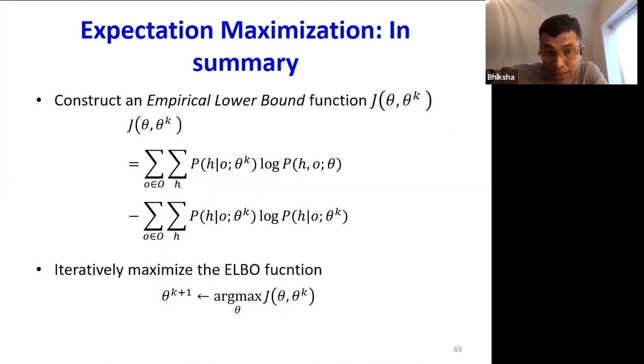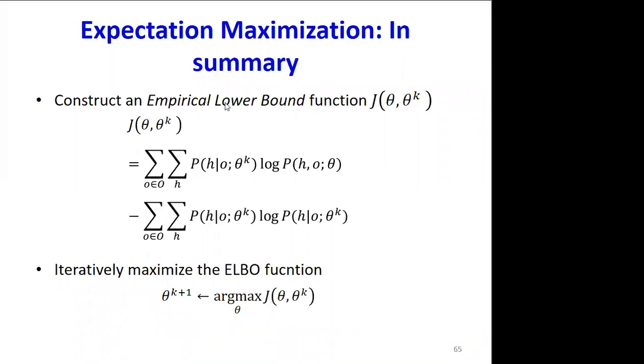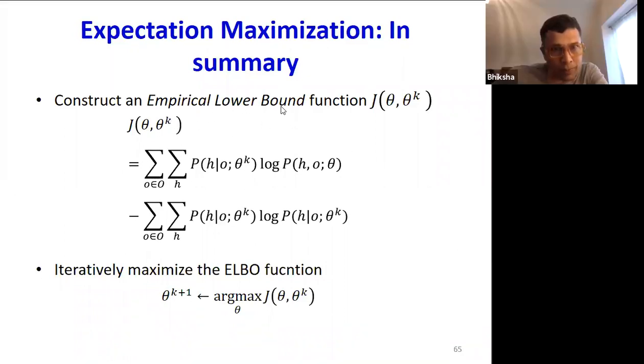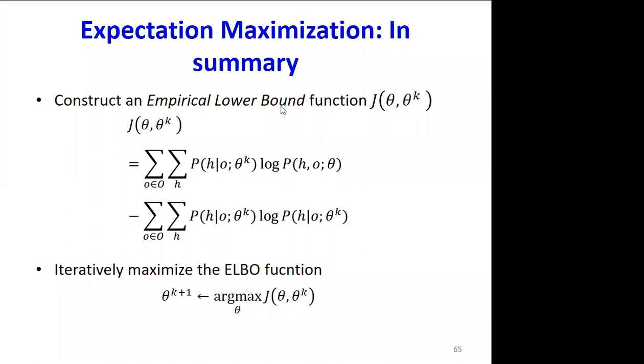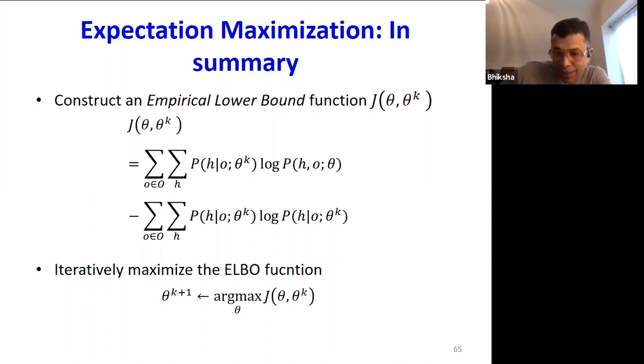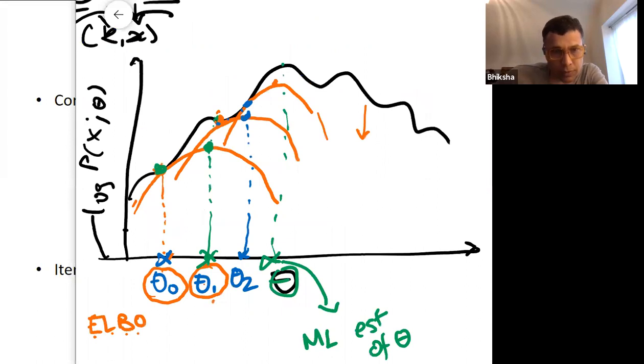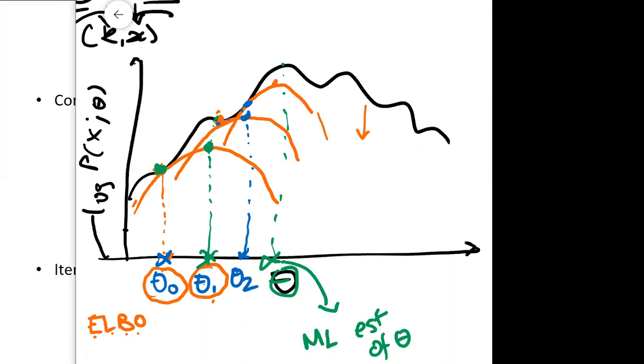Now, the magic behind all of this is to be able to design such an empirical lower bound. Yes? Could you go to the previous slide, please? Previous slide or the picture? Oh, the picture. Sorry. Is it possible that the highest point of the elbow function happens to be the same as a local maxima?